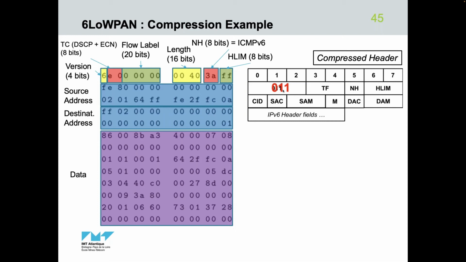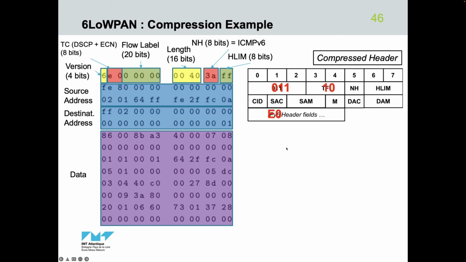Now, analyzing field by field the header of the original IPv6. First, we have the version field, the yellow part here. And as I said earlier, the version field can be elided in all cases, since only IPv6 is employed, and therefore the value of this field is always 6. So we don't need to take any action for this field.